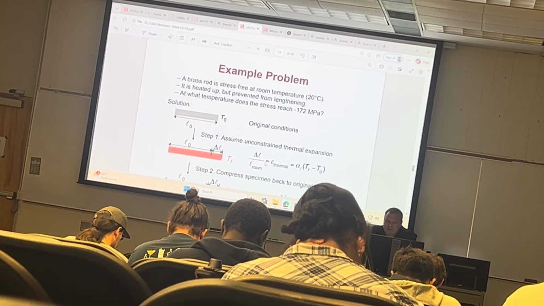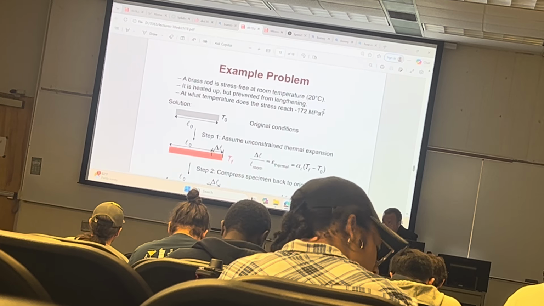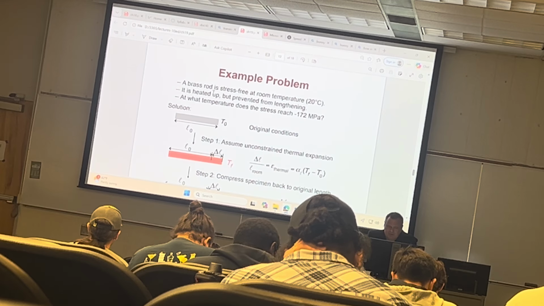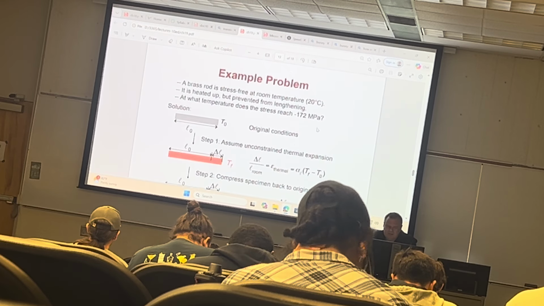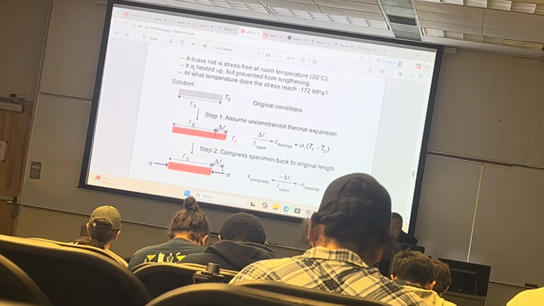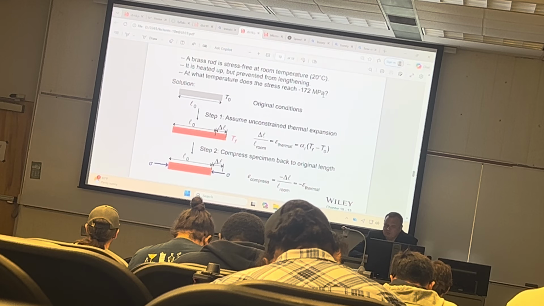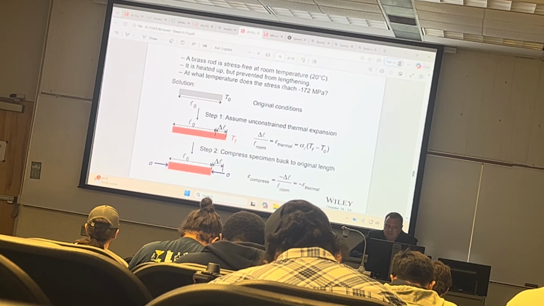Okay. A brass is stress-free at room temperature, 20 degrees C. If it's heated up, but prevented from lengthening, what does the temperature have to be for the stress to reach 172 megapascals?